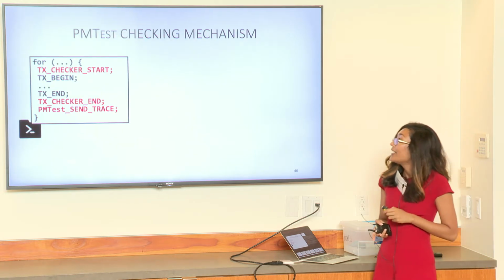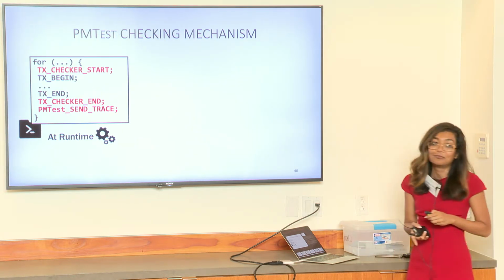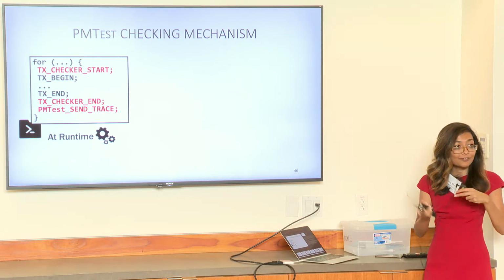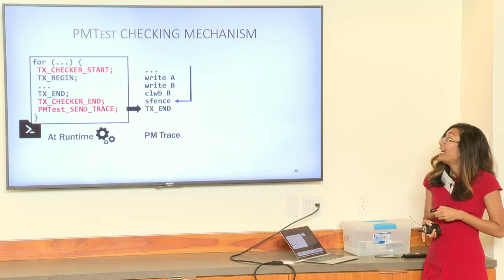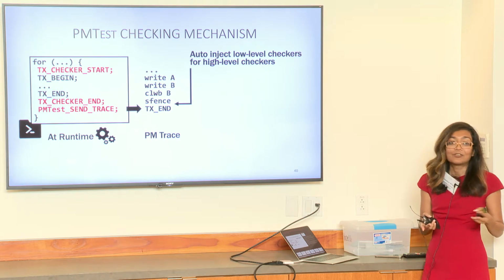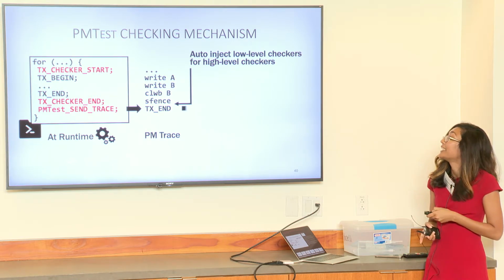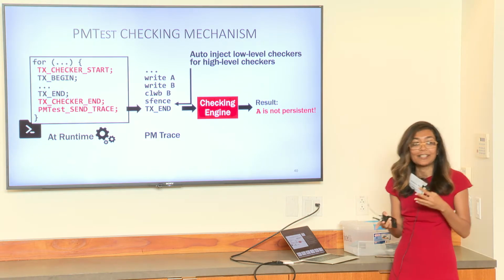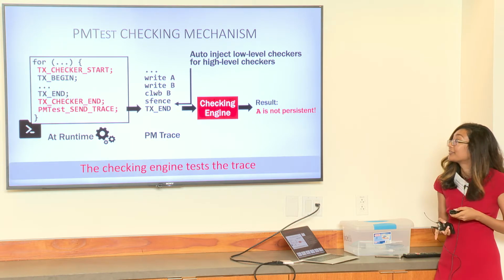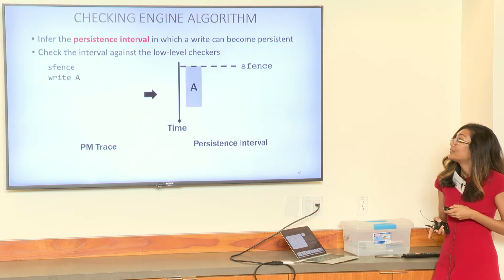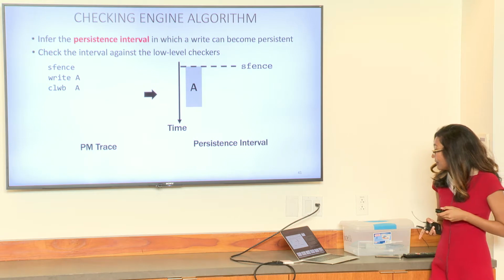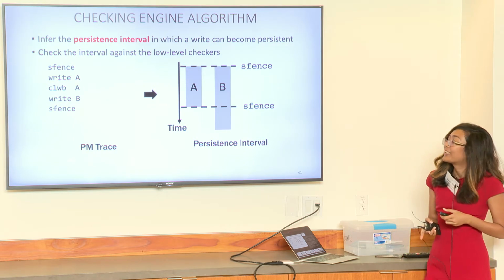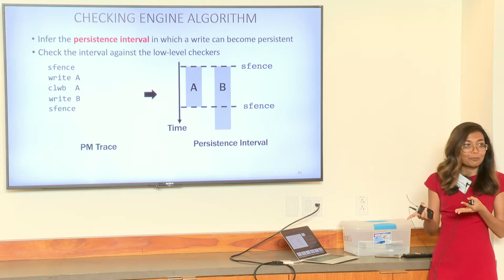For the online part, as I said, at runtime we have to say which portion of the code we need to check. Once we have the trace, we inject the low-level checkers, and the checking engine says whether the checker failed or passed. This one I will skip, but basically the checking engine looks at the persist interval.